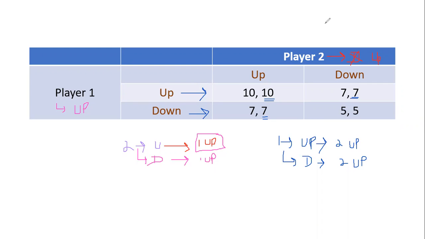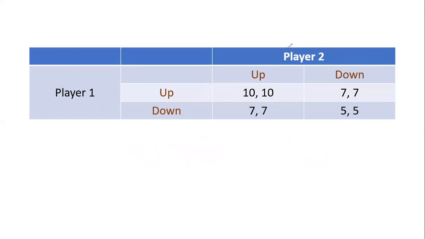I hope you have understood the method or the technique to find the dominant strategy for each player. It is possible that in a game both players have a dominant strategy. It is also possible that none of the players in the game has a dominant strategy.